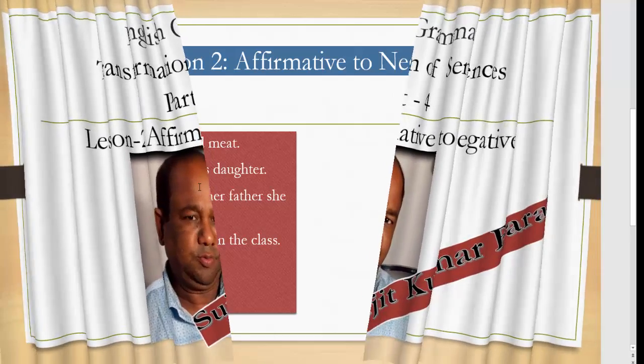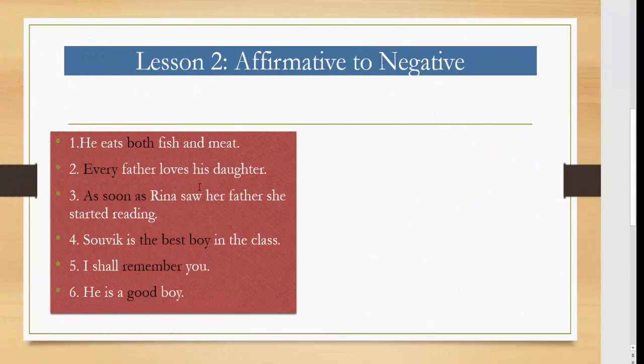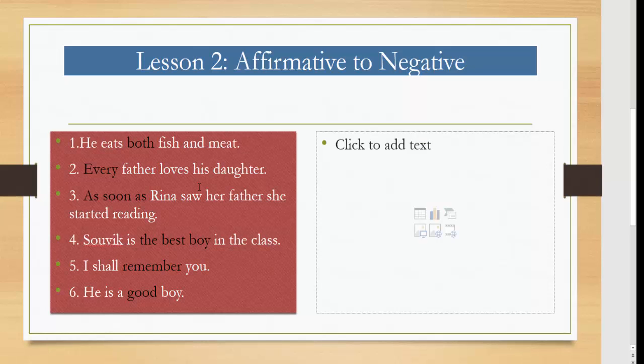We see some sentences in the affirmative sense. He eats both fish and meat. Here, both and. Every father loves his daughter. Every. As soon as Reina saw her father, she started reading.